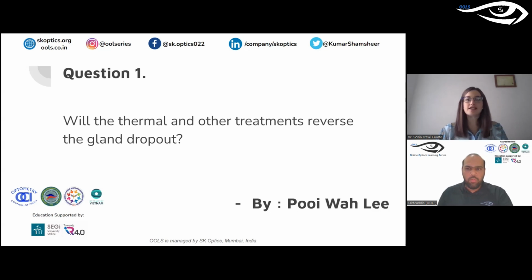But if everything has dried up, I'm not sure yet, because there's no specific treatment for Meibomian gland dysfunction, but there are certain medications that tend to help with certain specific diseases, or the production of certain specific substances.